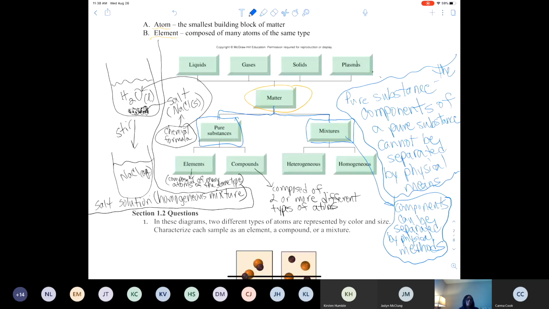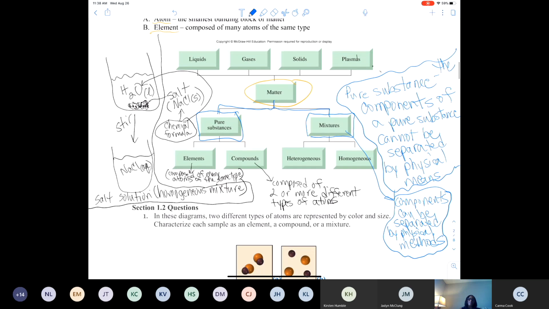So a pure substance, the components that make up the pure substance cannot be separated by physical means or physical methods, but components that make up a mixture can be separated by physical methods.